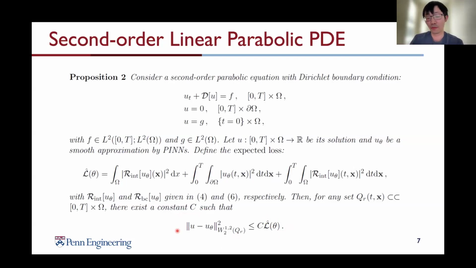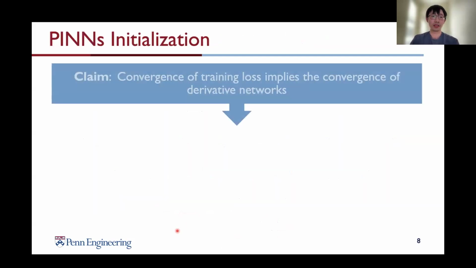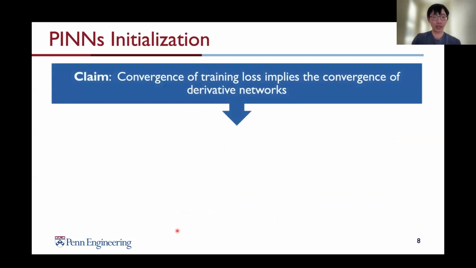Of course, we can prove more complex and general cases, for example, semi-linear elliptic PDEs and so forth. But that's not the main purpose of these theorems. The main goal is to justify the claim we have. So basically, if you remember, we want to justify this claim: the convergence of training loss should imply the convergence of derivative networks to some extent, at least for some cases.